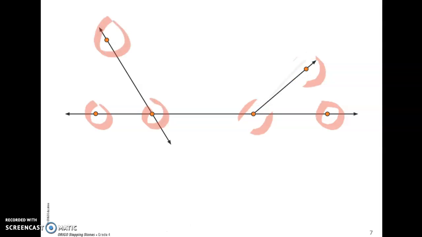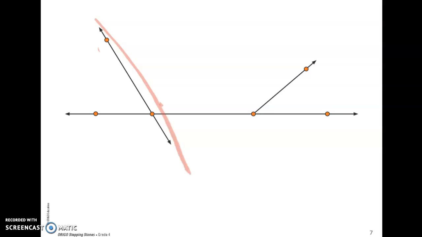Then you can also look and say, well, do I see any lines? If we think about a line, it has to go on forever using those arrows in both directions. So you might say, yes, I see some lines.